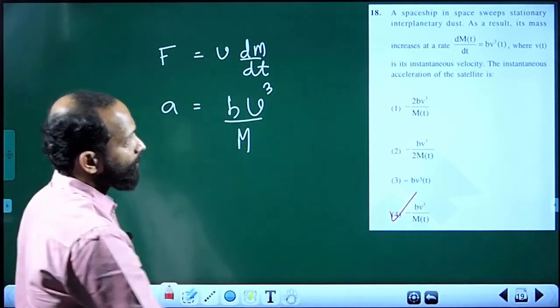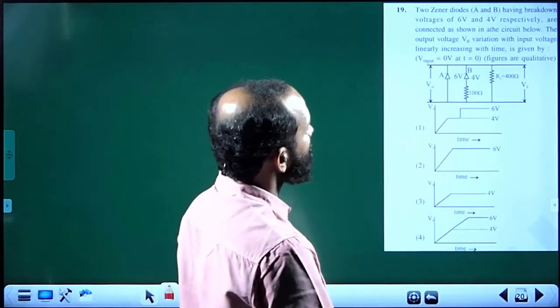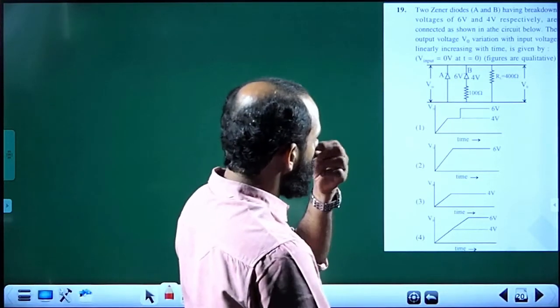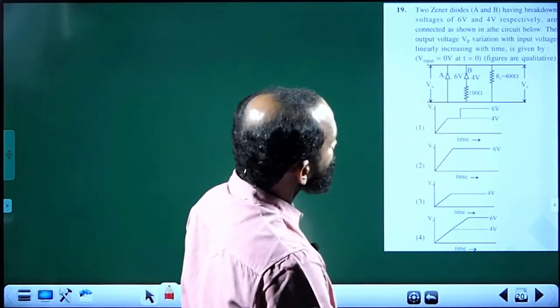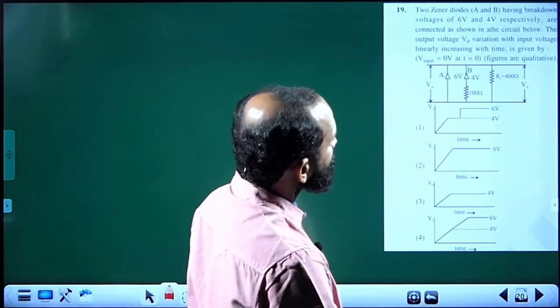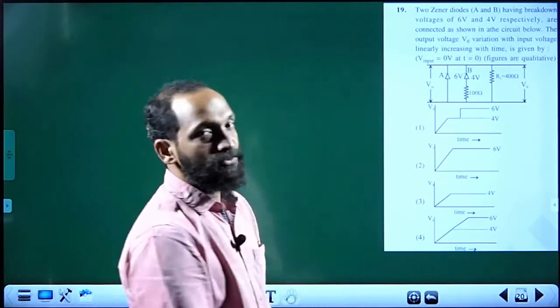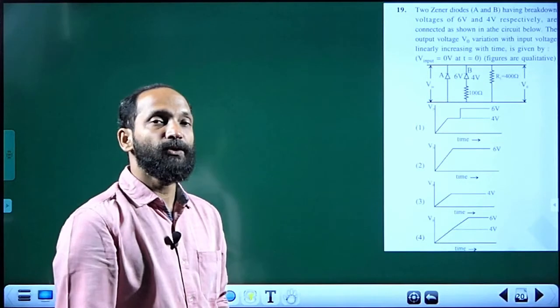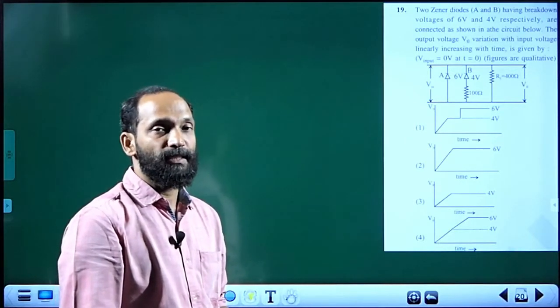Okay. Next one. Two Zener diodes A and B have breakdown voltages 6 volt and 4 volt respectively and are connected as shown. The output V0 variation with the input voltage. We know the particularity of a Zener diode is it is used as a voltage regulator.